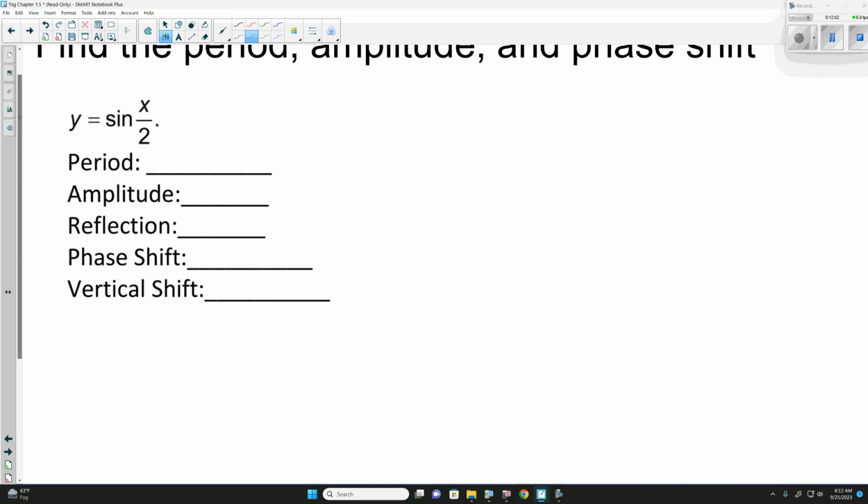So if we look at this here, there's several different parts. Is there a value in front of sine, our a? There is one, it's just 1. So the amplitude for this is 1.